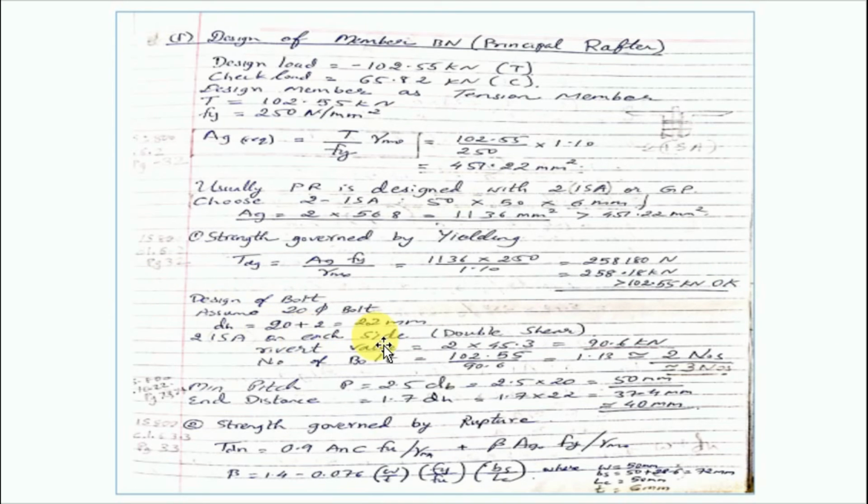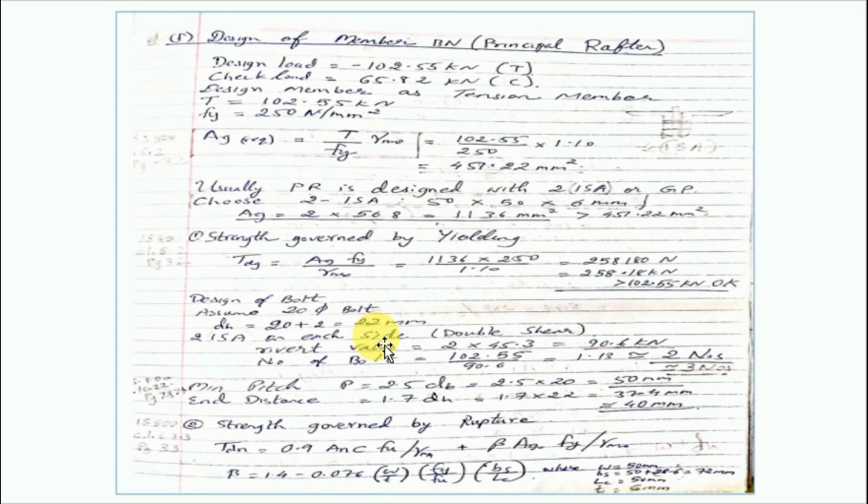Design of bolt. Assume 20 diameter bolt and the diameter of hole will be 20 plus 2, that will be 22 mm. For the 2 ISA there will be double shear, so we are calculating the rivet value as 90.6 kilonewton.